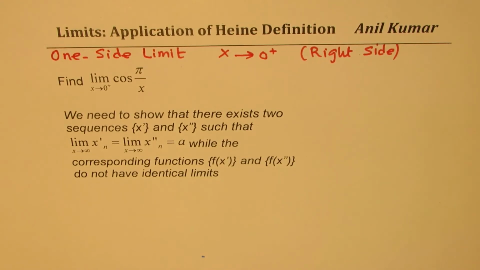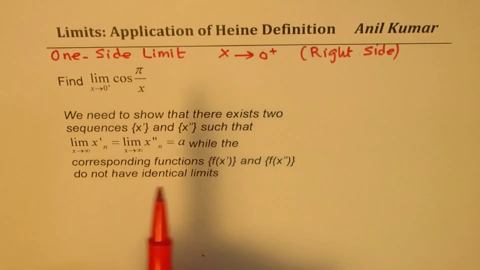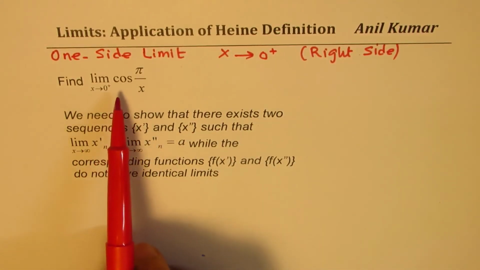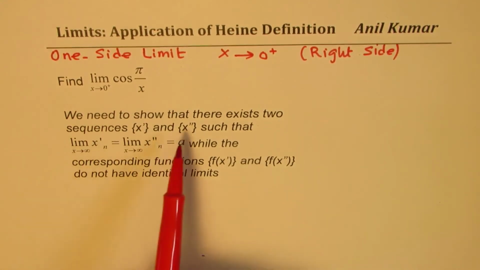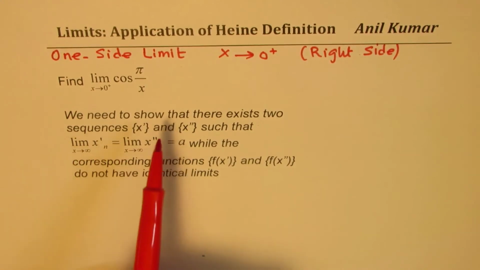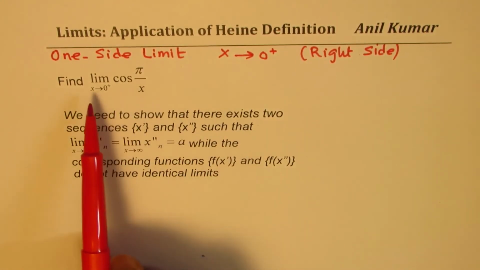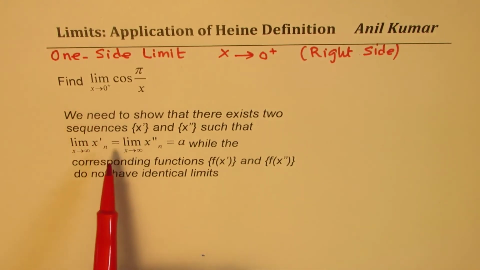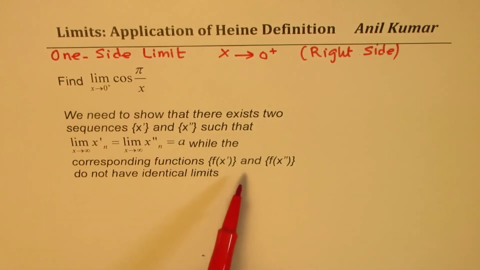Now, the concept which we are going to use to find this one-side limit is based on Heine's definition. We know that this limit does not exist. Now, to prove that it does not exist, what we are going to do is show that there are two sequences which have the same limit, but the function values for those sequences do not have identical limits.